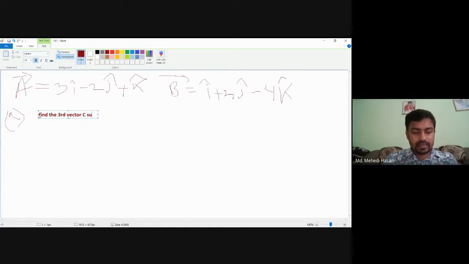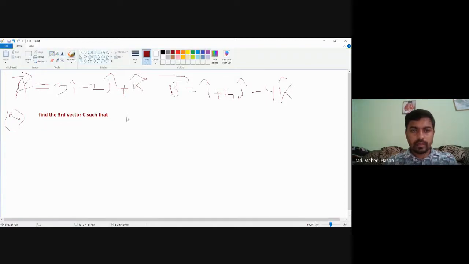C such that 3A minus 2B plus C is equal to twice j.